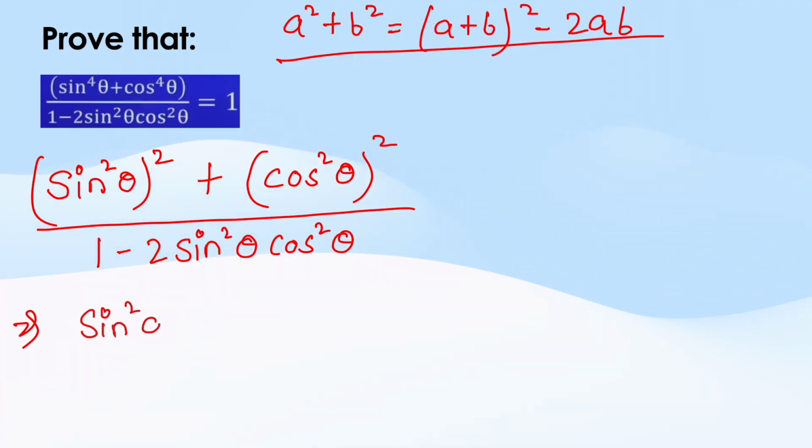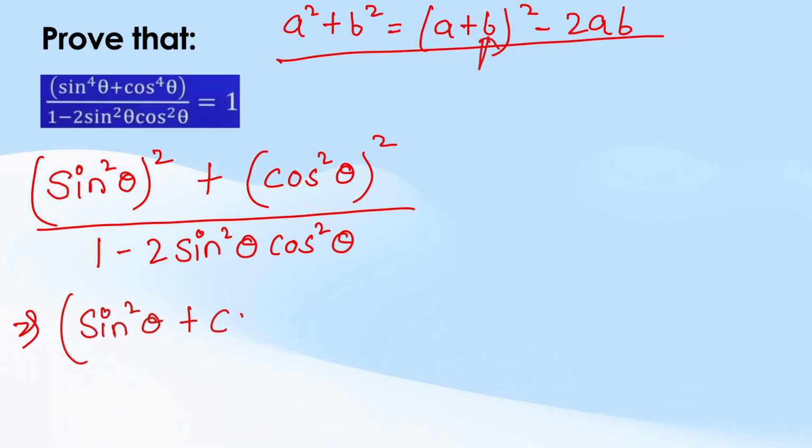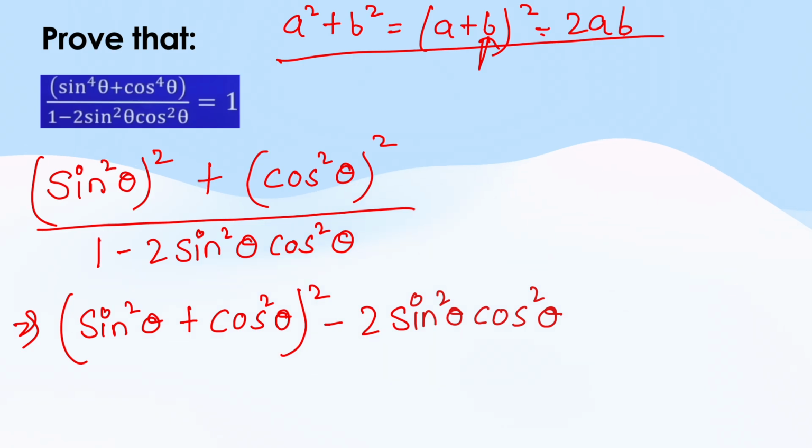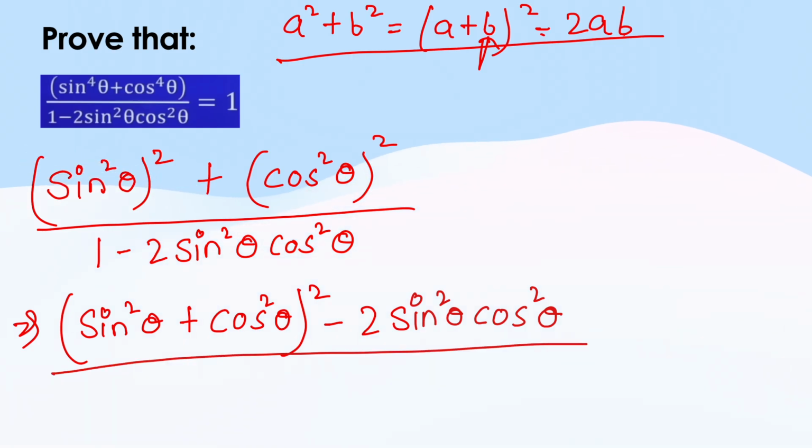So sin square theta plus b is how much? Cos square theta, the whole square minus 2ab. So minus 2 times sin square theta cos square theta, divided by 1 minus 2 sin square theta cos square theta. Any doubt?